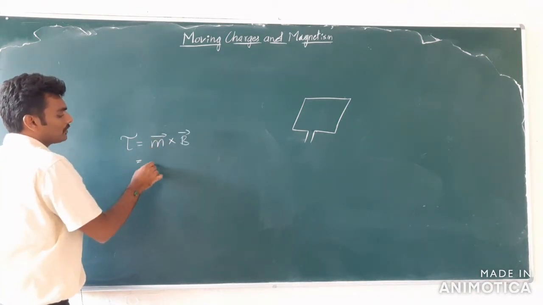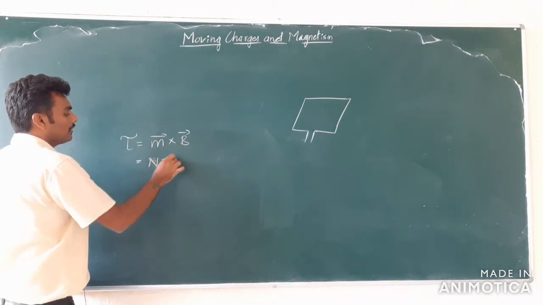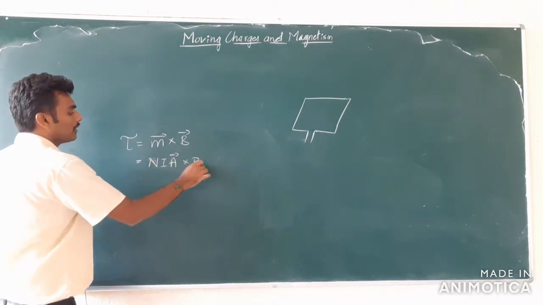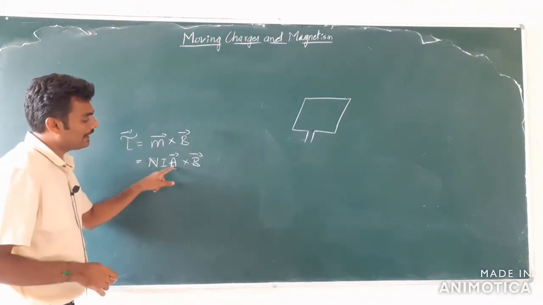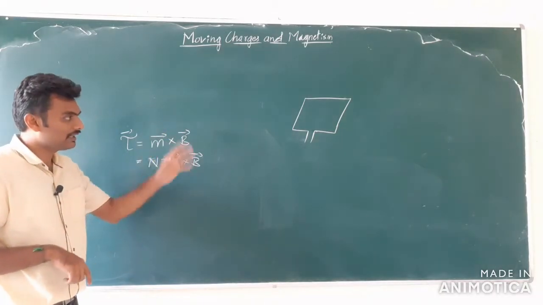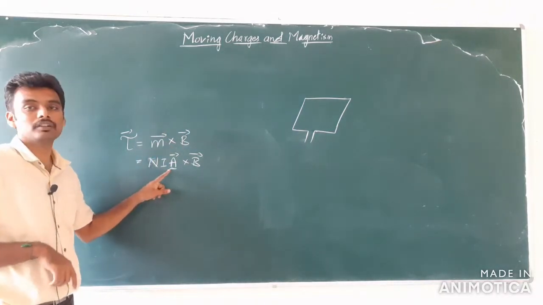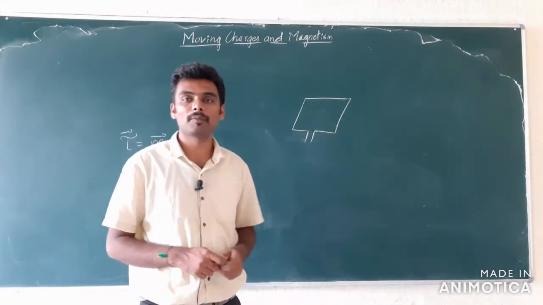What is M equal to? M is equal to N I A cross B, right? Here I is the current and A is the area of the loop. Since we have the area of the loop given here, it is not necessary that we must have a rectangular shaped coil.